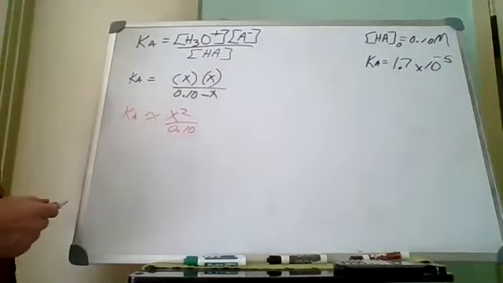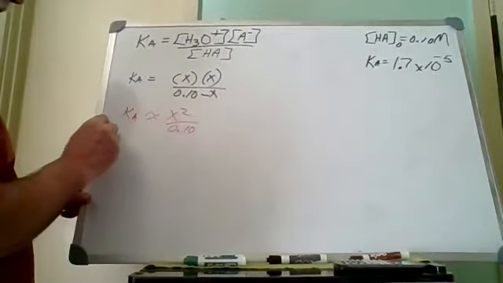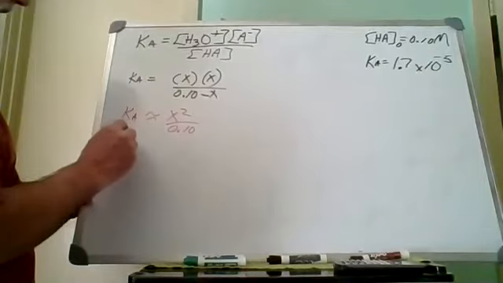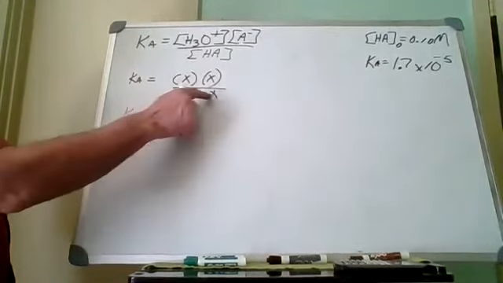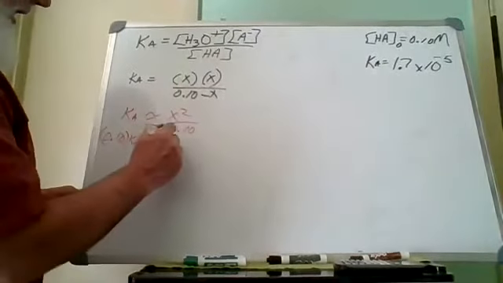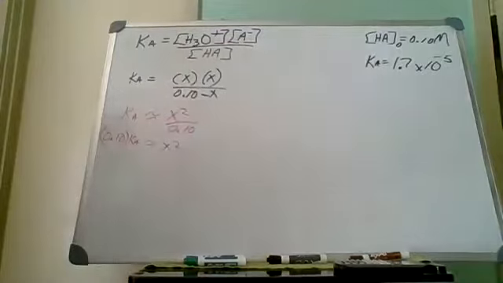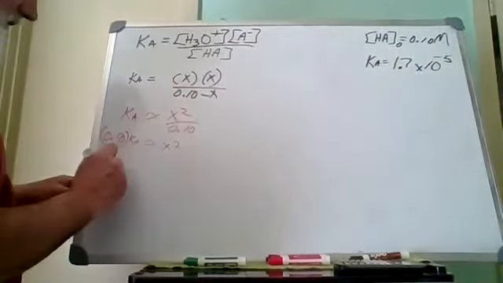So now all I got to do is solve for X. I bring this over to the other side. 0.10 times Ka is approximately, notice I got rid of the equal sign now because we made this approximation here, is approximately X squared. Okay, and I always like to put the unknown on the left-hand side.